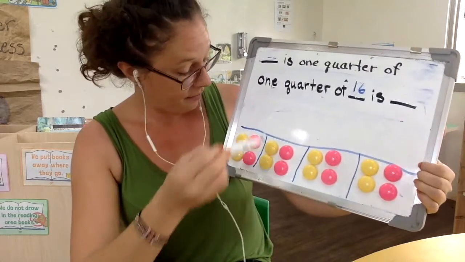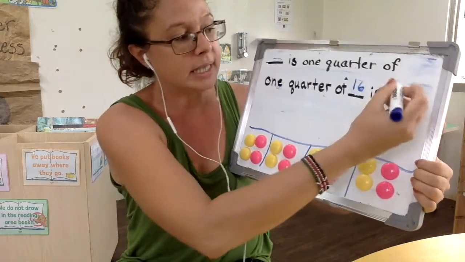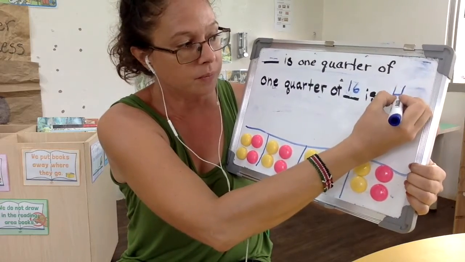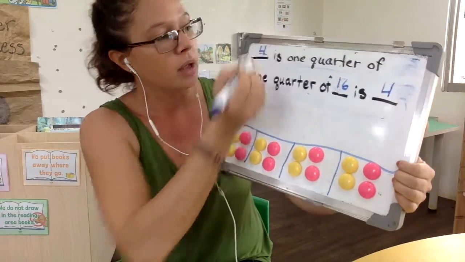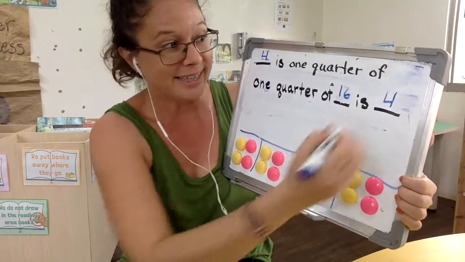Now I can see 1/4 of 16 is 4, which we can also say 4 is 1/4 of 16.